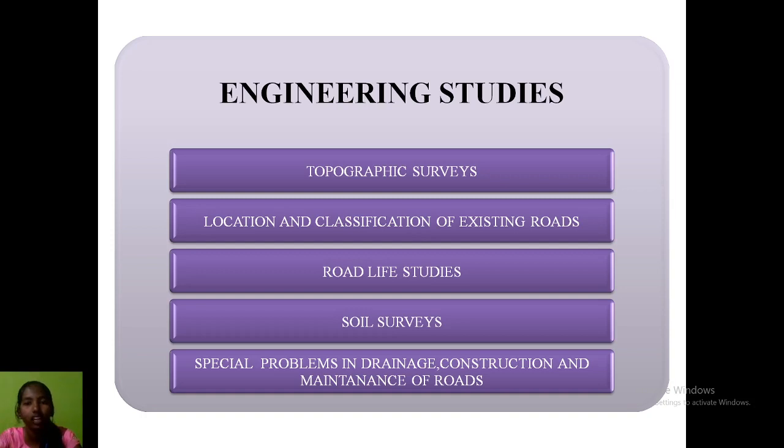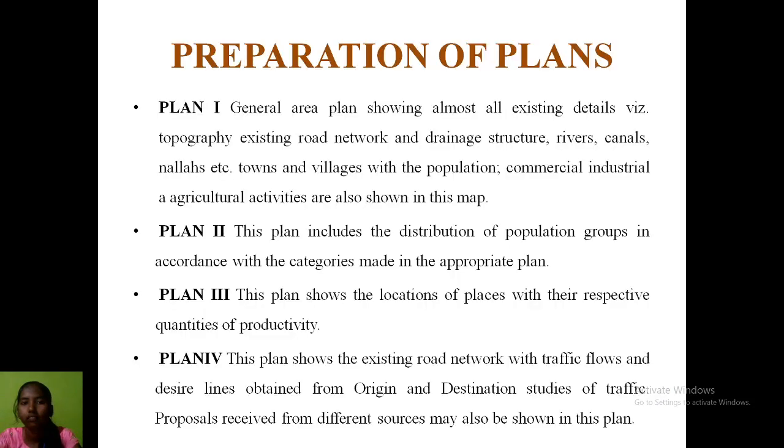These studies are undertaken to plan a highway such that it will not only be the most economical in its construction and maintenance but will also provide the maximum transport facility and serve the largest possible population of the area.